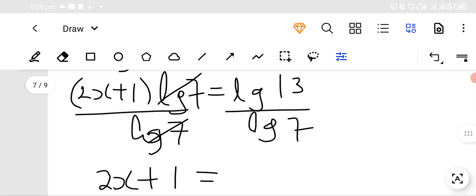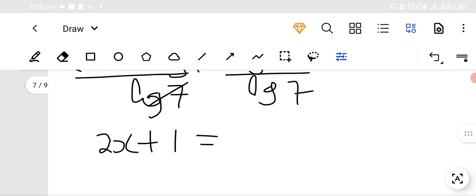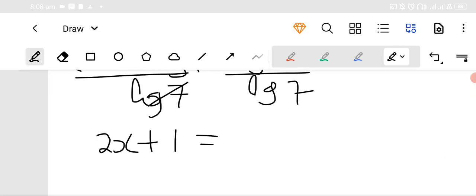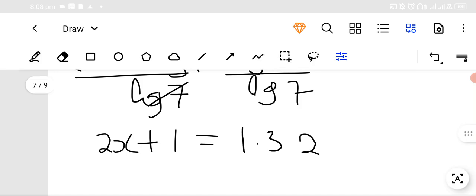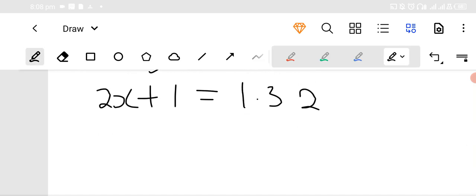You're going to have 1.3. So that answer that you have found, just leave it, don't do anything with it. But in your working, you can approximate it to 3 significant figures. You can say 1.32.